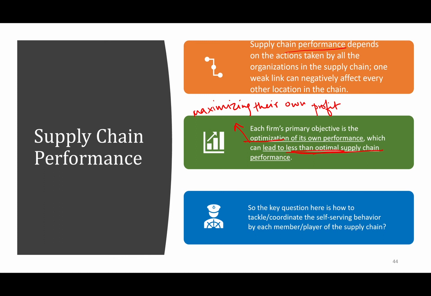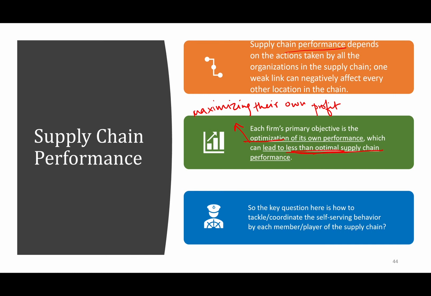So here the goal that we took was maximizing the profit as the objective, but the firms could have different objectives, like maximizing the customer service or maximizing the in-stock probability.